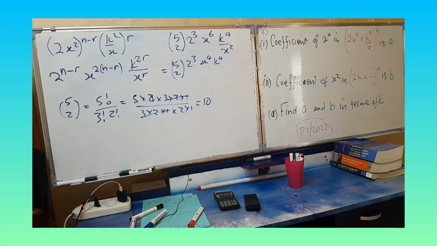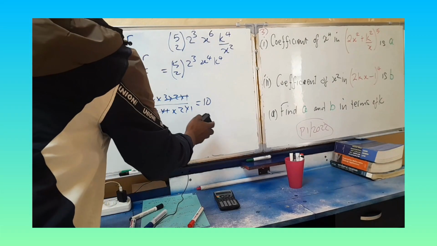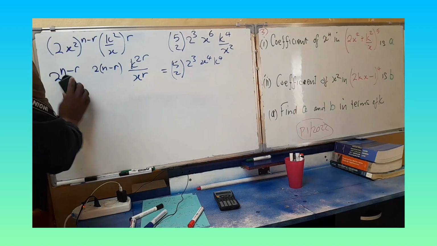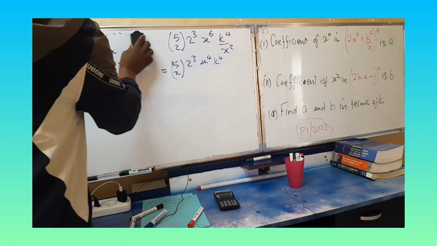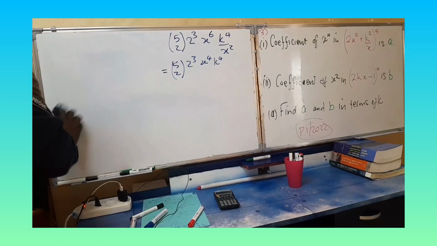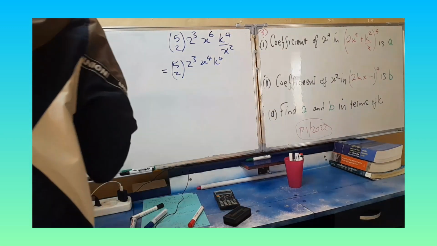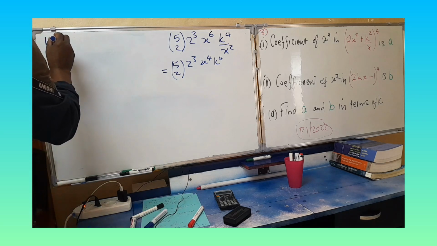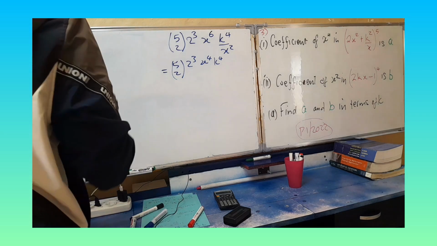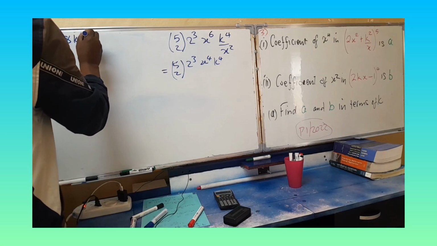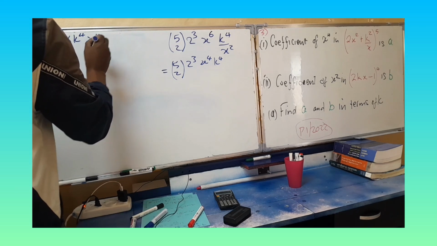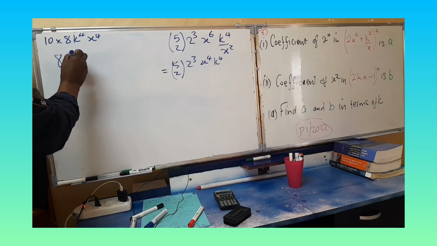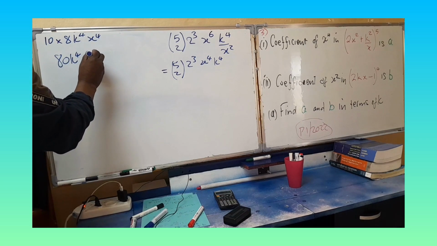Okay, so let's come back to our term there. We now know 5C2 is equal to 10. So we can simplify this. That becomes 10 multiplied by 2 to the power 3 is 8, multiplied by 8, k to the power 4, x to the power 4. So that gives you 8k to the power 4, x to the power 4.